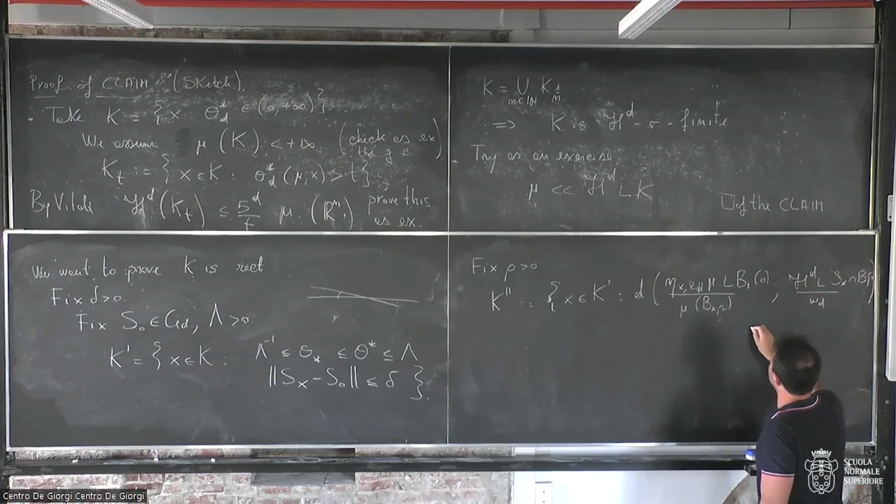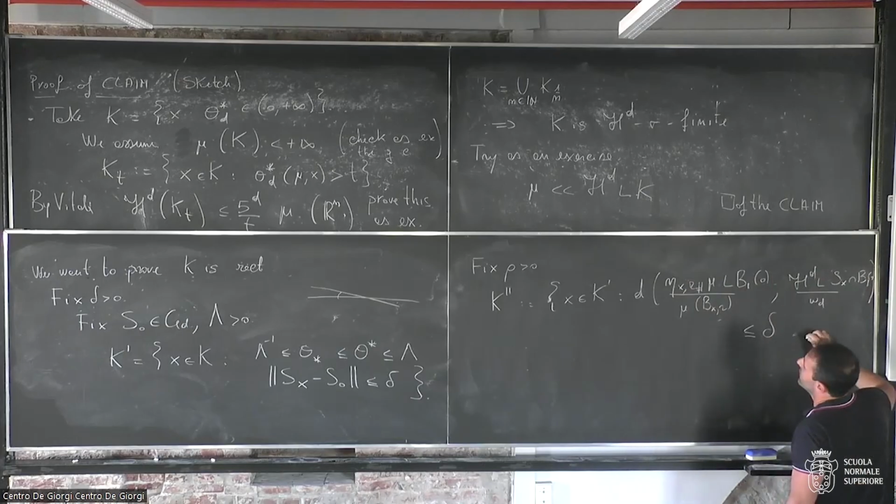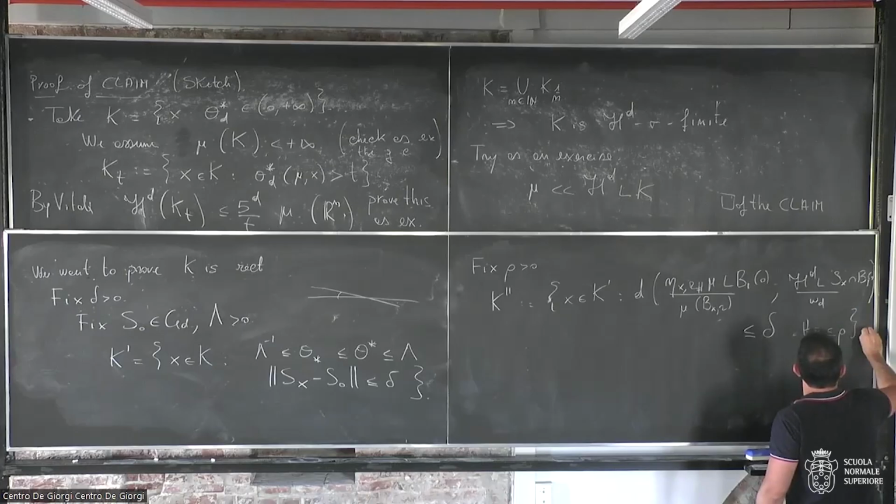This distance is less or equal than delta for every r less or equal than rho.